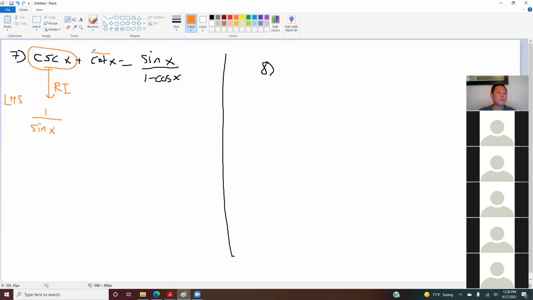And cotangent next, anyone, what identity should we use for this fellow? Now we don't want to use reciprocal because if you look here, they're all in terms of sine and cosine. So we're going to use the quotient identity here. Can someone tell me what is the quotient for cotangent? Cosine over sine.